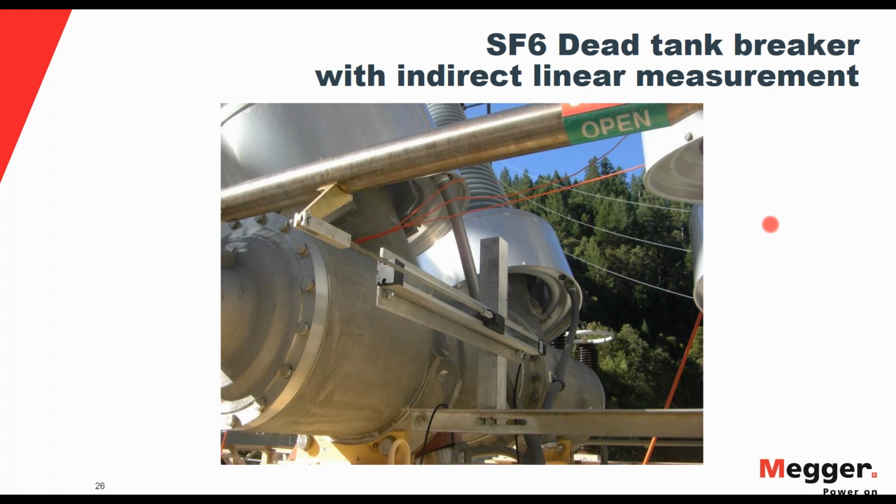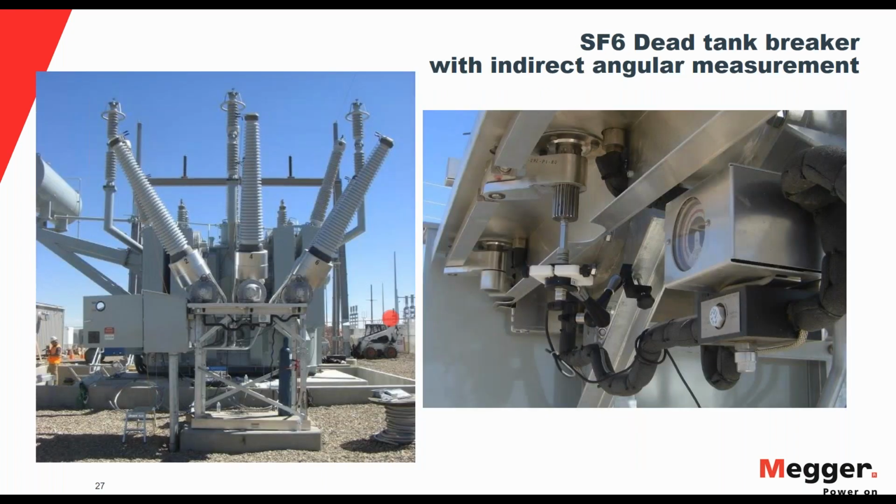Another SF6 gas dead tank breaker. You have this dead tank breaker and the mechanism here, and there is the transducer connected below there. This is a zoomed out picture of it. This is now not a linear connection, but an angular connection or mounting to the breaker mechanism.